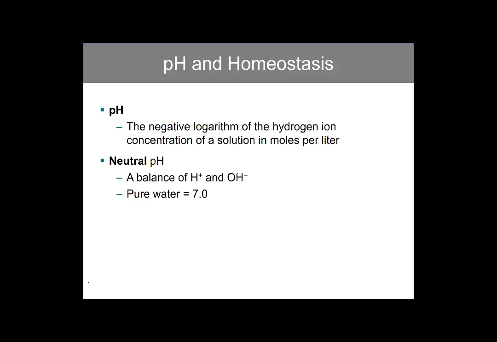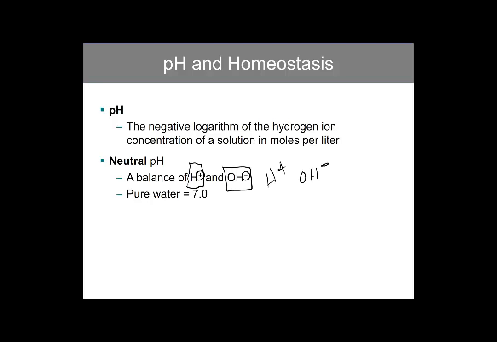A neutral pH is one in which you have a balance of hydrogen ions and hydroxide ions. Remember that the plus and minus symbols indicate an ion, so a hydrogen cation and a hydroxide anion.